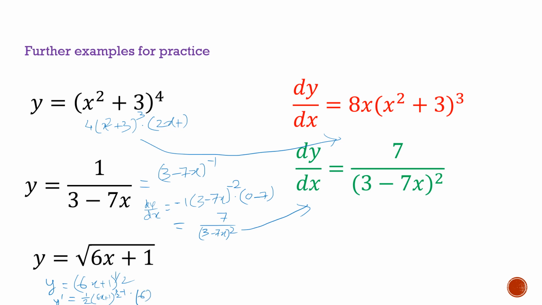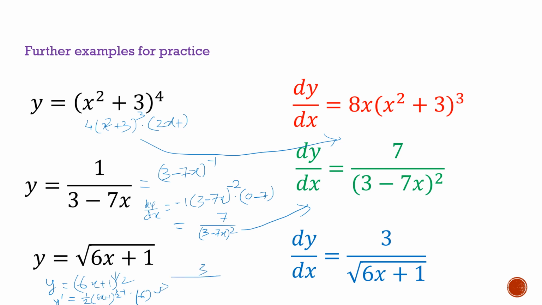Half minus 1 will give us minus half. So this will give us 3 over root under (6x plus 1). If I rewrite it again, 6 divided by 2 is 3, and then I write 6x plus 1 raised to the power minus half, and furthermore this can be rewritten as the root form.